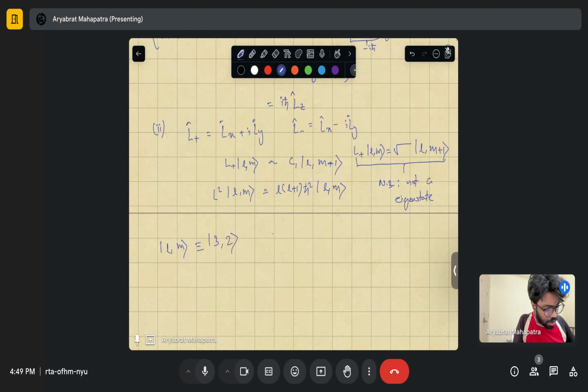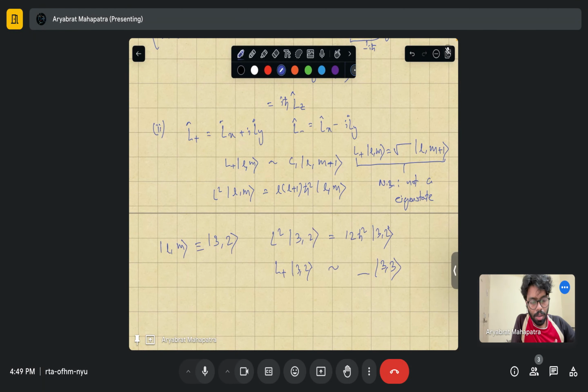If you operate L square on this, you get 3 times 4, that is 12 h bar square times 3, 2. But if you operate L plus on 3, 2, you will get some number again, and it will go to 3, 3. So it takes you to the state above 3, 2. That is the work of L plus operators.